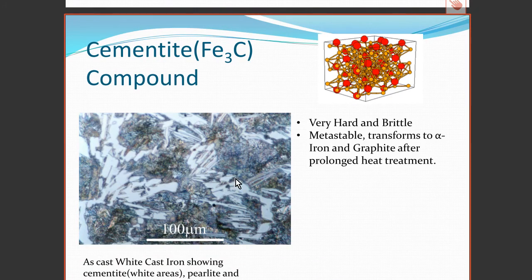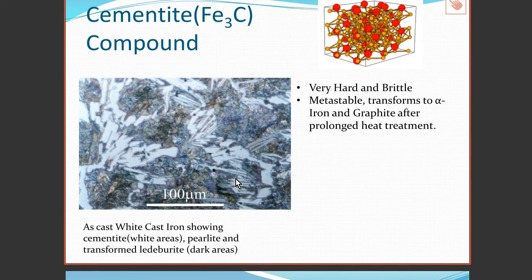Here we see a polished cross-section of cast iron, and there's a number of phases here, but these white parts here are cementite, extremely hard, extremely brittle areas. So it has a pretty complicated structure there.